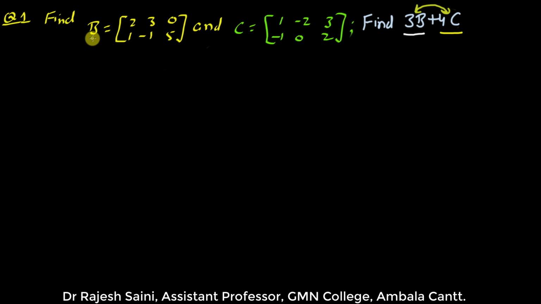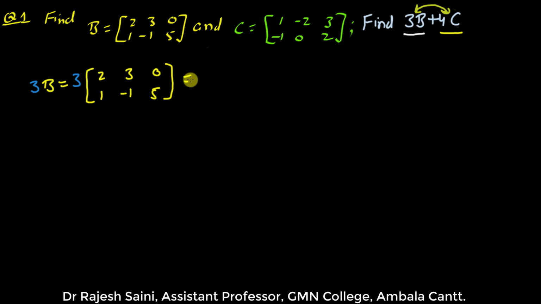Okay, now let us find 3B first. 3 and B. So it will be 3 as such. This is a scalar quantity. Now write the matrix 2, 3, 0, 1, minus 1, 5.